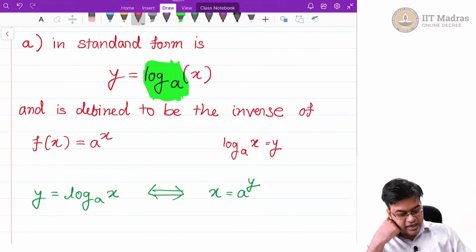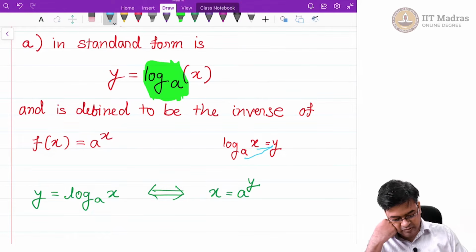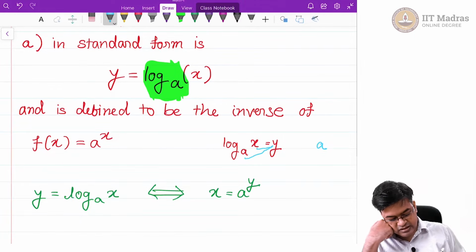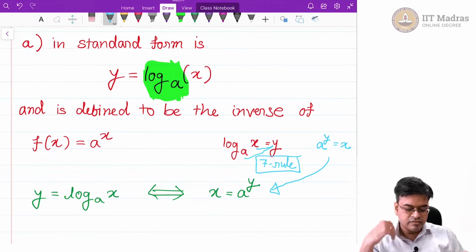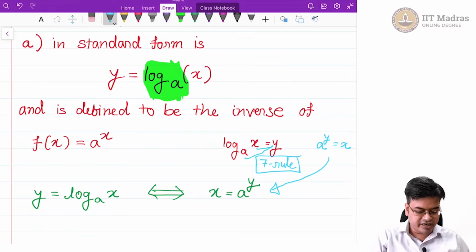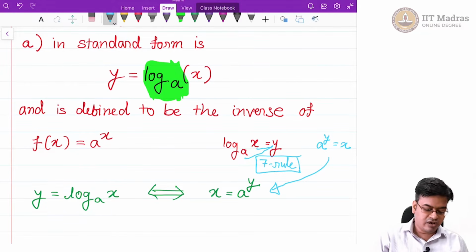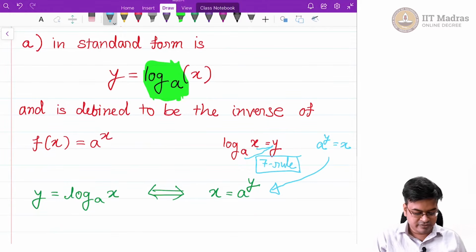Then you can virtually assume this 7 rule, that is, you start from the base, go to the right hand side and come back. That means what we are saying is, you start with a, go to the right hand side, that right hand side is raised to the power, and that should give you x. That is what this rule is. So this is a simple technique to remember, known as 7 rule. So you can use this 7 rule to memorize the 1-to-1 correspondence between log and the exponential function.